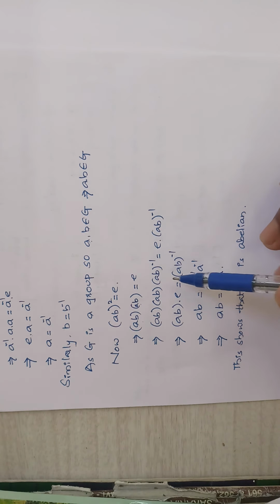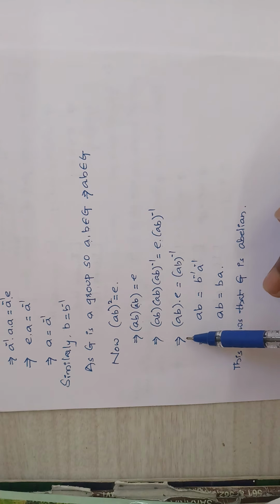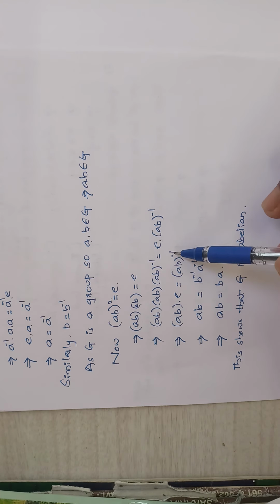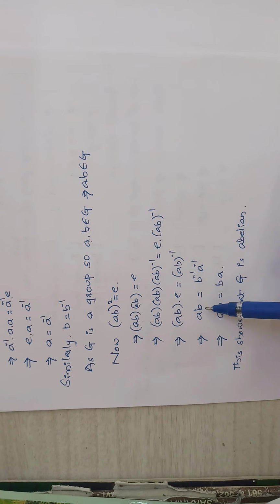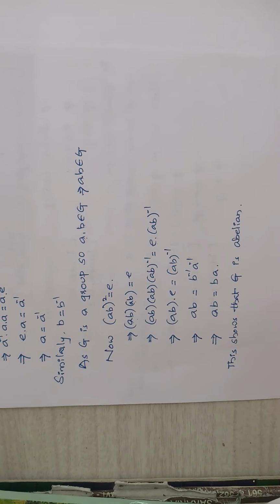AB into AB inverse is equal to E, so this becomes AB into E is equal to AB inverse. This implies that AB is equal to AB inverse. We have already proved that AB inverse is equal to B inverse A inverse, so AB becomes BA. This shows that G is an abelian group.